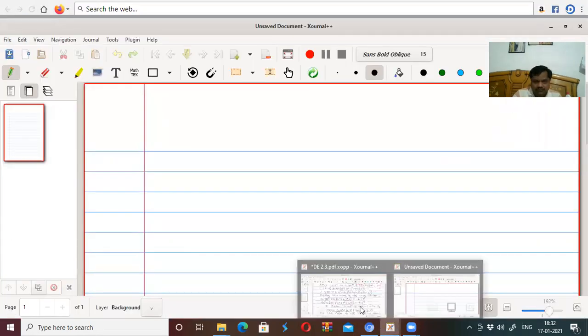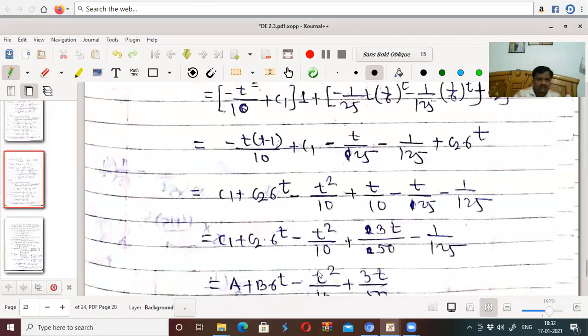Which example do we want to solve here? Last example for this one.